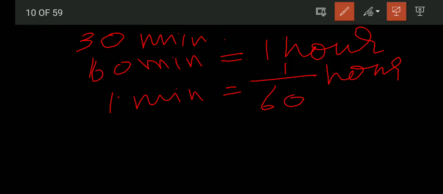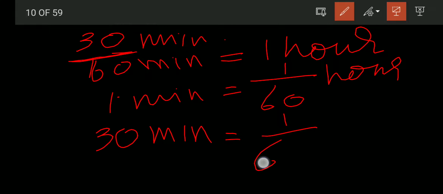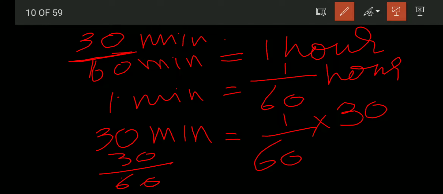So whenever we are converting minutes into hours, what we have to do? We have to divide the given minutes by 60. So 30 minutes equals 1 by 60 into 30, or straight away we can write 30 by 60. 0 0 gets cancelled. 3 1s are 3, 3 2s are 6. So this is 1 by 2.